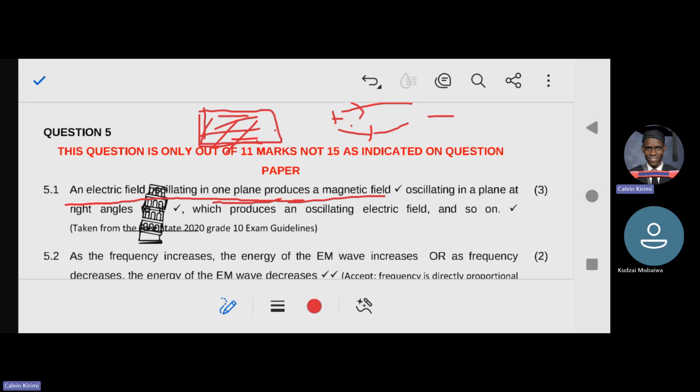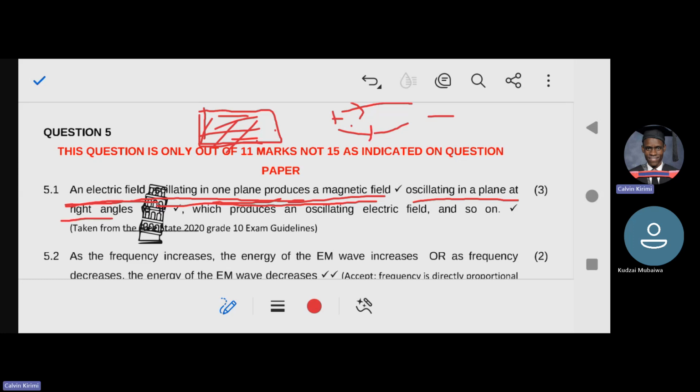So the key points are how we produce the electromagnetic wave. We must have an oscillating electric field first, oscillating in one plane, producing a magnetic field. And also that oscillating plane is at right angles.